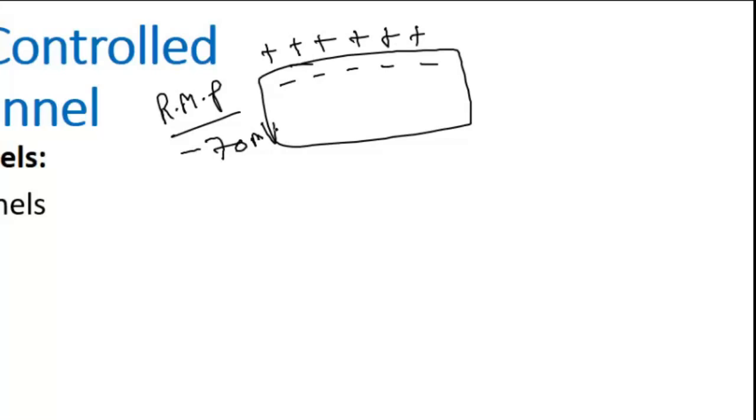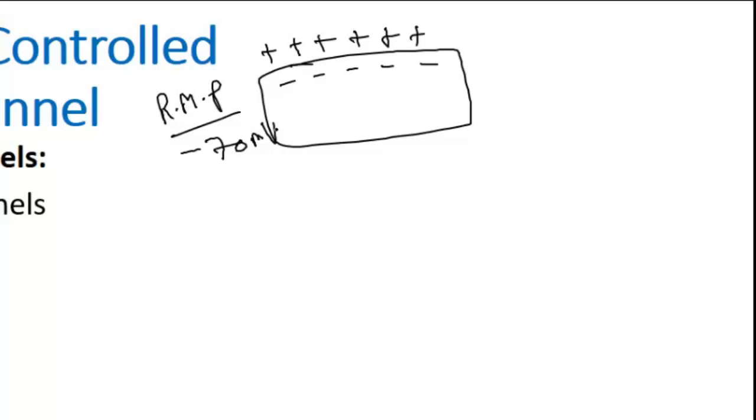When a neuron is at rest, these voltage gated channels are closed. So nothing's going in and out.